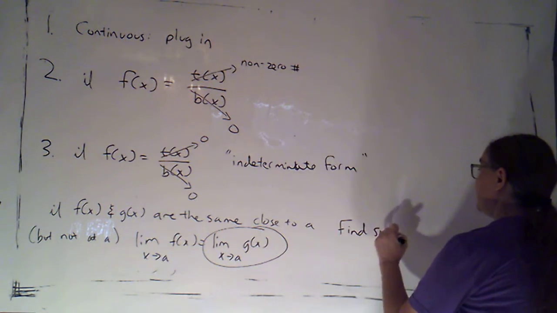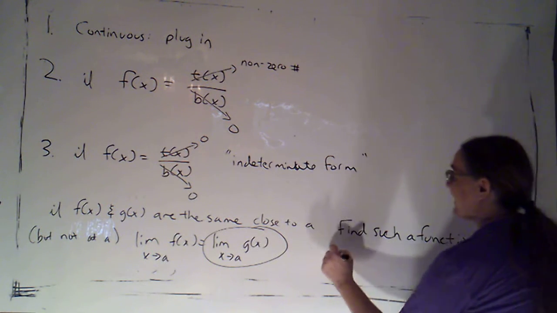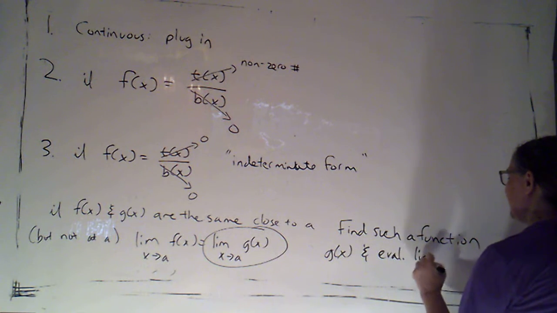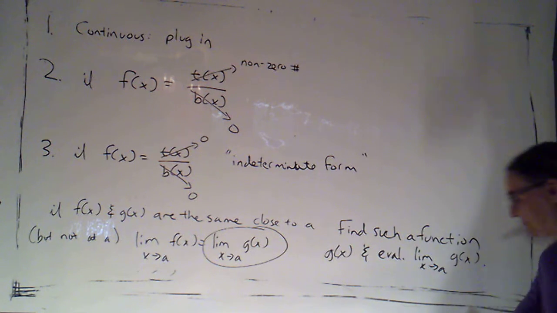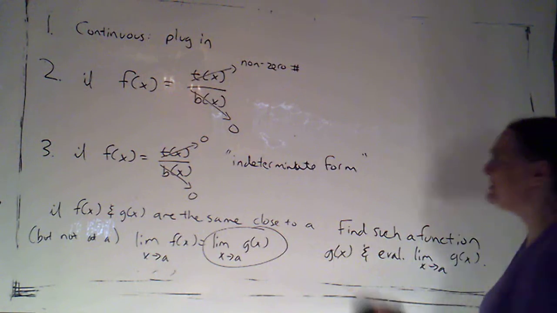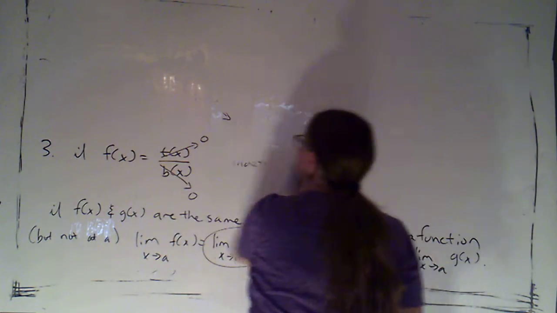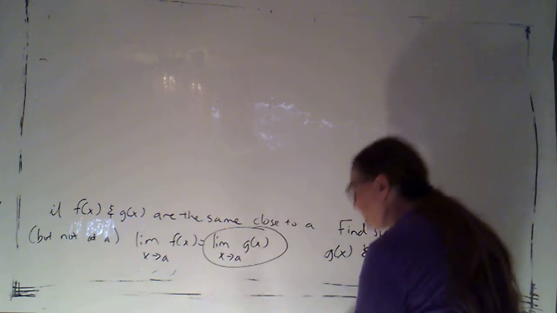Find such a function, g of x, and evaluate the limit as x goes to a of g of x. Okay, now that sounds crazy, and how on earth could we do that? We've actually seen that before. So it's going to make a lot more sense, I think, if we look at an example.